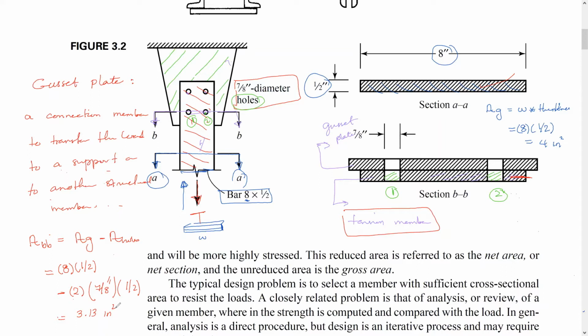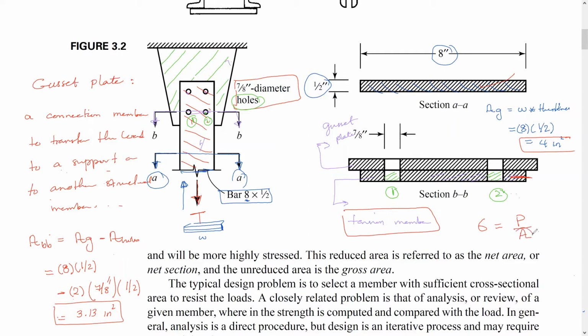For the section AA, we have 4. So look at this, guys. If we have holes, for sure we will have less area. And if we have less area from this, let's say, stress equal P over area.